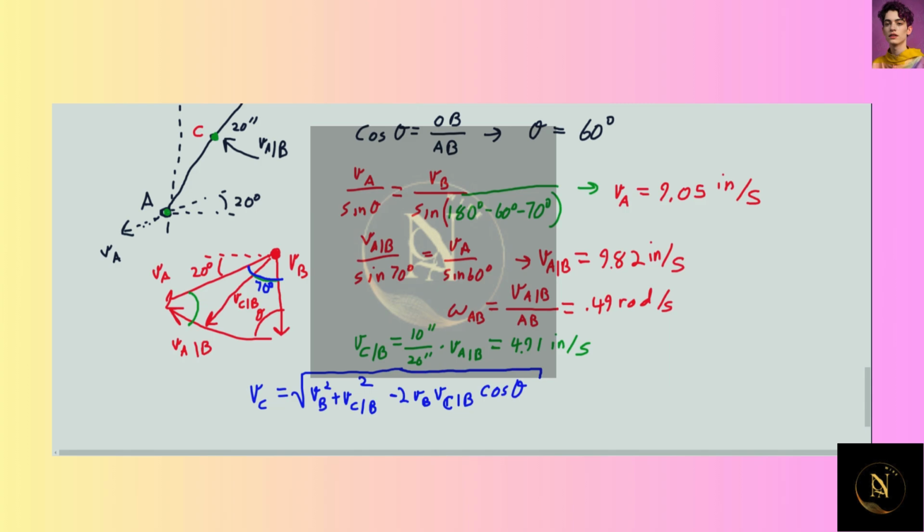And then we just have to put the numbers in, and we find that we get a velocity of 6.98 inches per second.